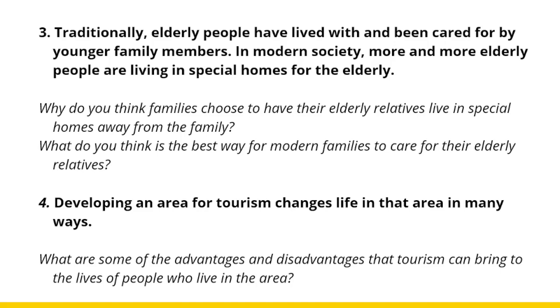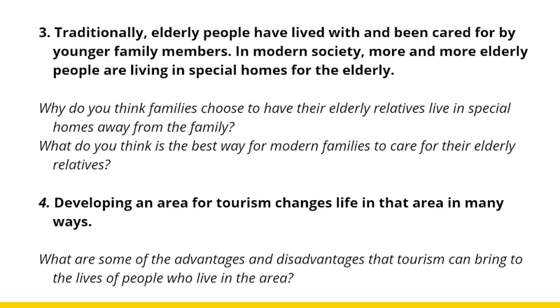For example, your body paragraphs 1 and 2 can be two reasons why families choose to have their elderly relatives live in special homes away from the family. So you would write body paragraph 1 explaining one reason for this problem, and body paragraph 2 can be a second reason explaining the same problem basically, and your body paragraph 3 could be the answer to your second question.